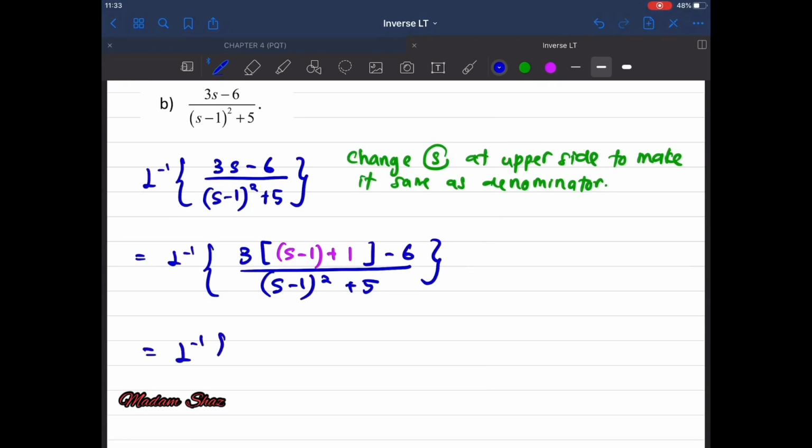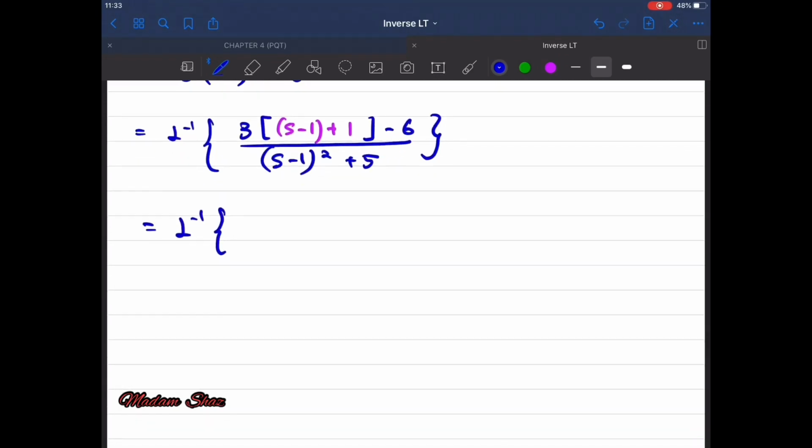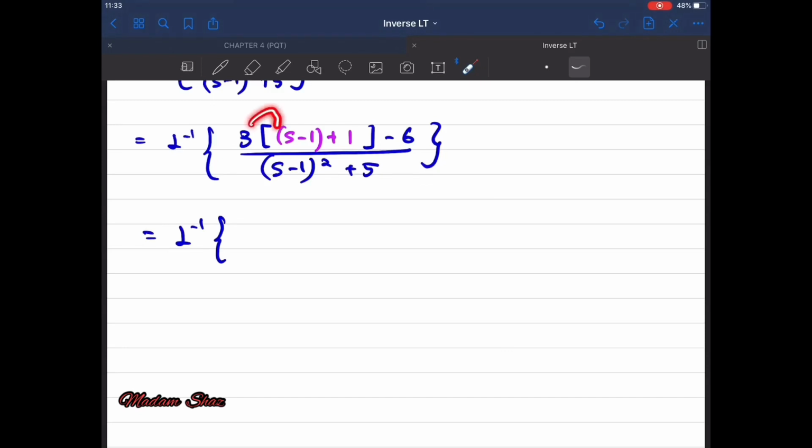So Laplace inverse, 3 multiplied at the front of the bracket s minus 1, 3 in the bracket s minus 1, 3 multiplied by 1 will become plus 3.